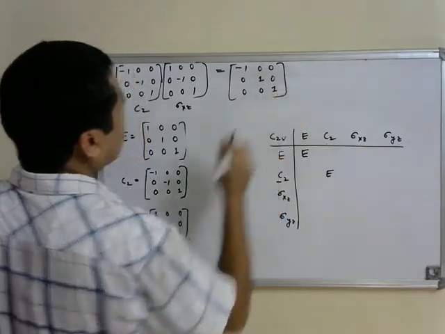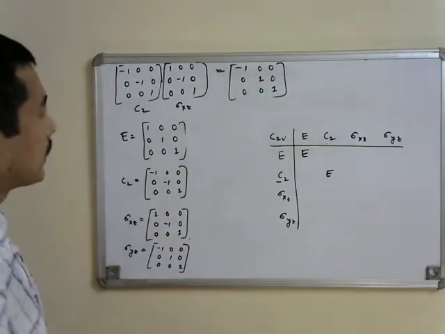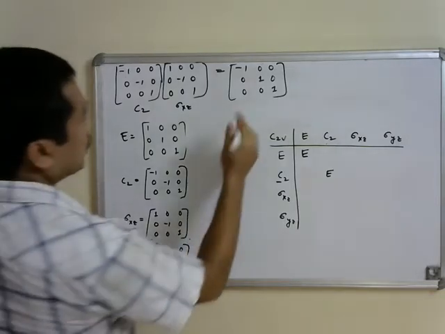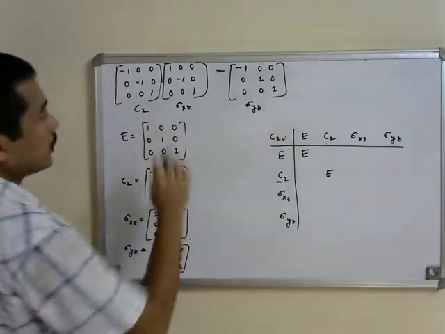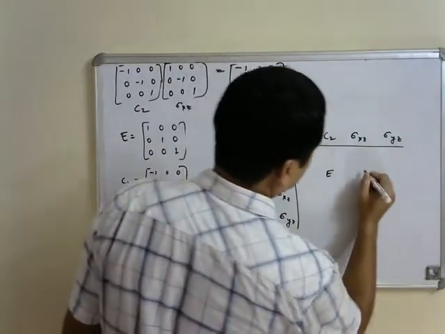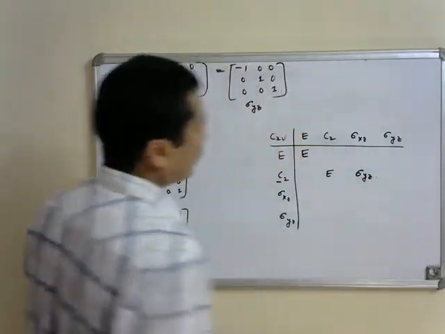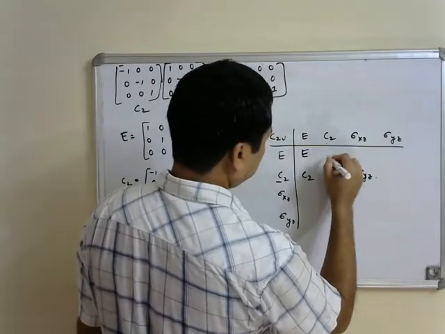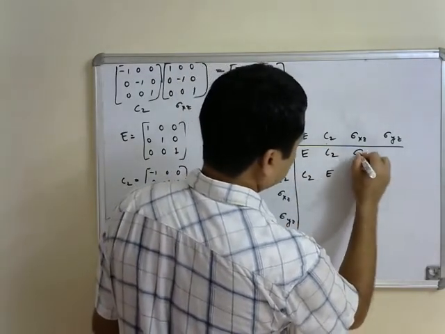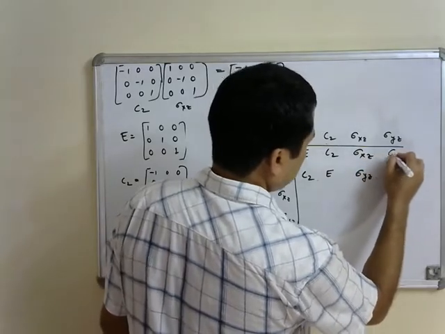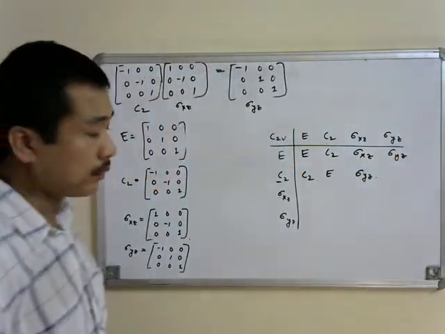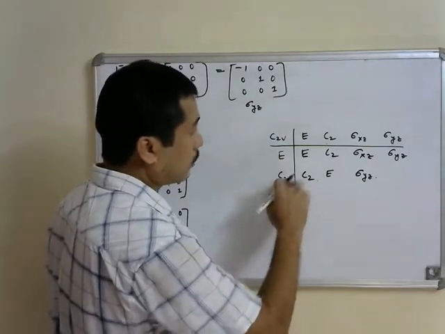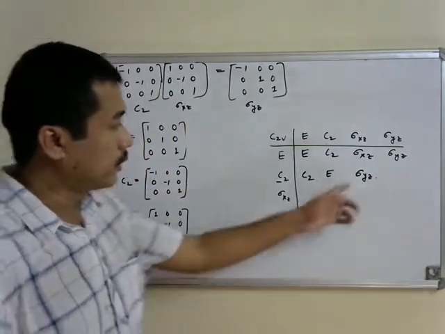So this is the result that we get when we multiply C2 with sigma xz, and this matrix representation you can see is equal to sigma yz. So C2 into sigma xz must be equal to sigma yz. We have already seen this earlier, when we built the group multiplication table for the C2v point group for the water molecule, and we saw that C2 with sigma xz is indeed equal to sigma yz.